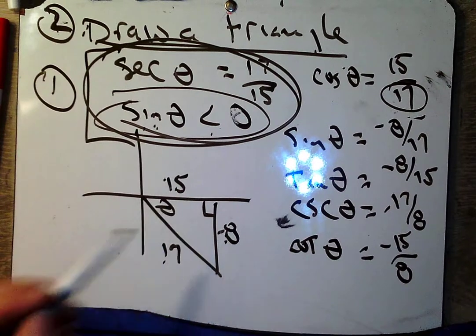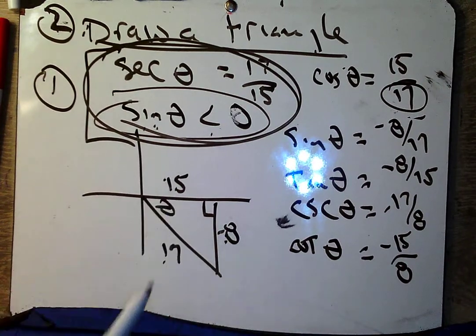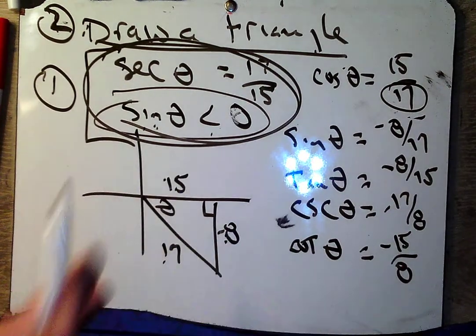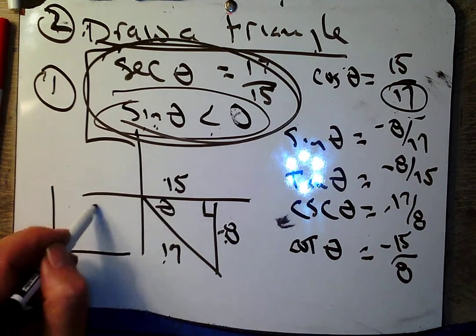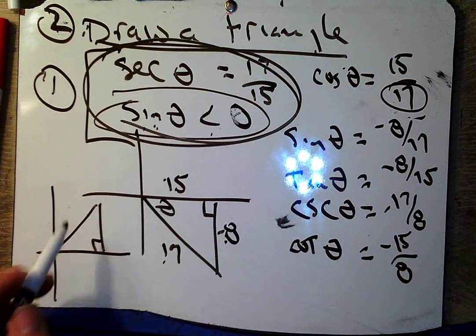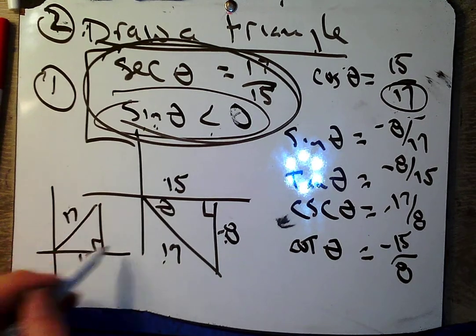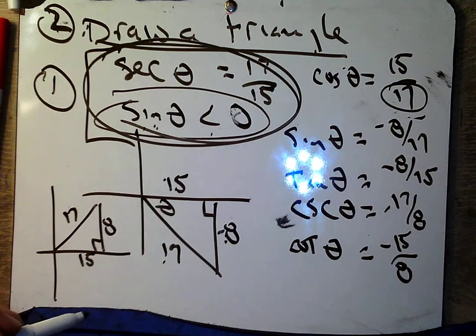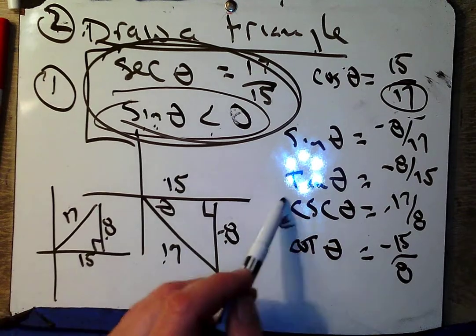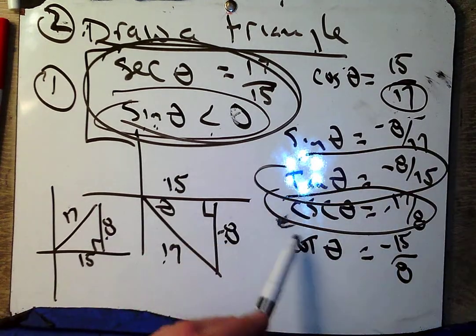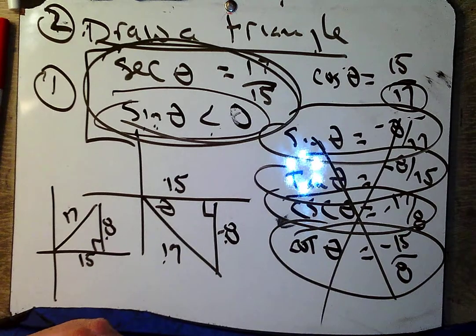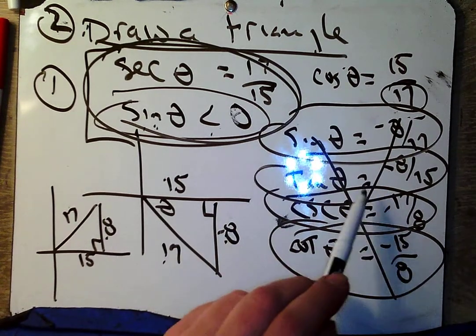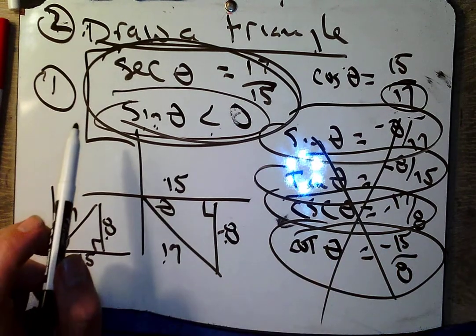I've noticed that people who don't draw the triangle in the appropriate quadrant often have this issue. They always draw in first, and they have 15, 17, and positive 8. Now, that means our cosecant, our tangent, our cotangent, and our sine are all going to be wrong. And that'll suck.